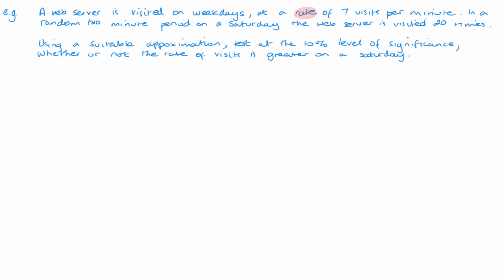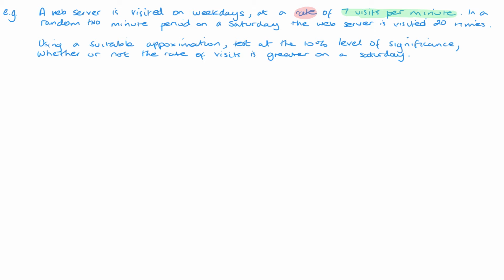So at a rate of 7 visits per minute. Again, some more important information. In a random 2-minute period, on a Saturday the web server is visited 20 times. Using a suitable approximation, test at the 10% level of significance whether or not the rate of visits is greater on a Saturday.